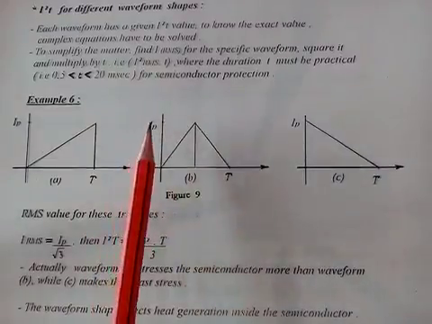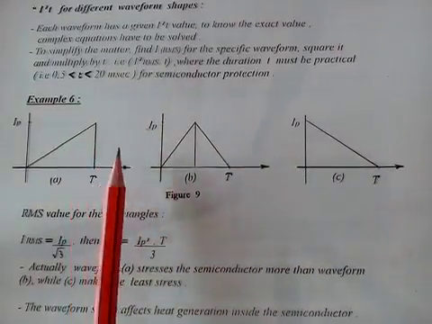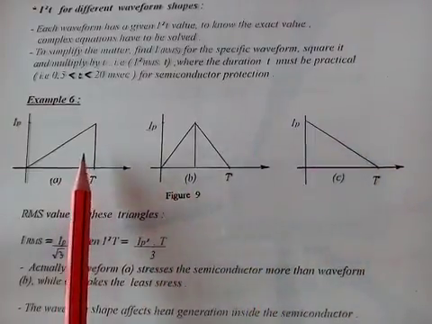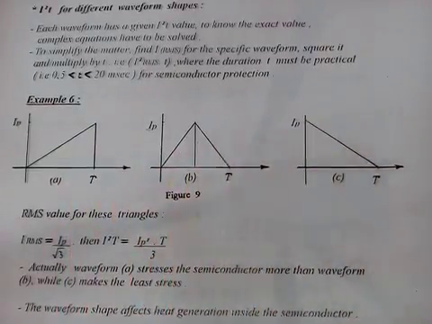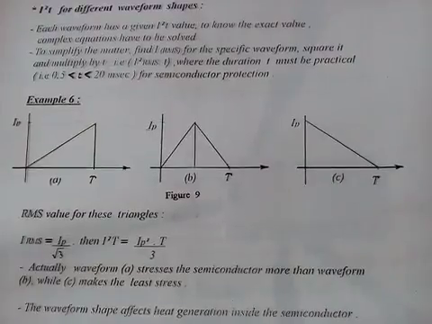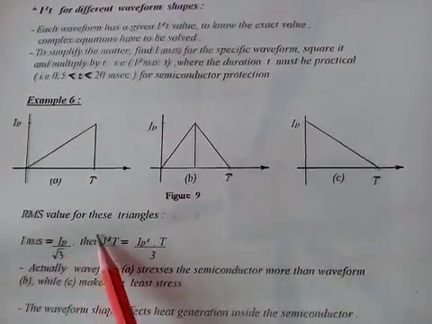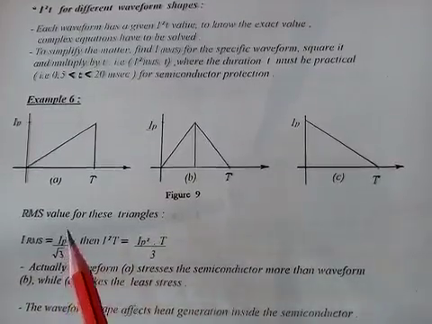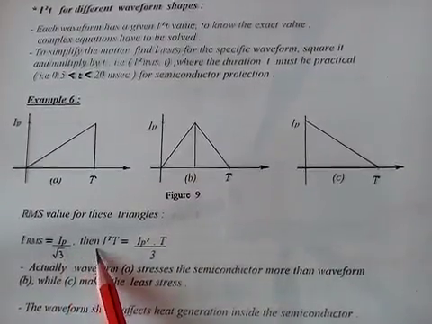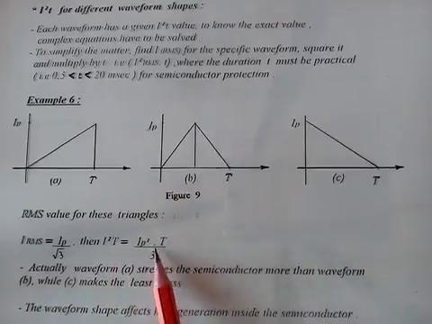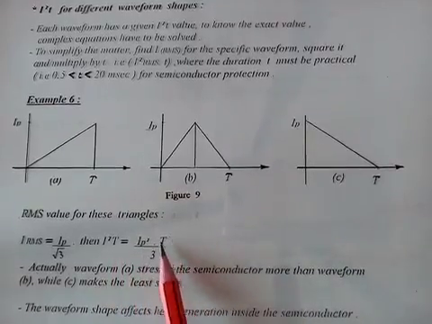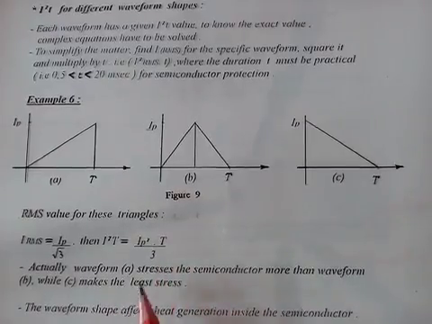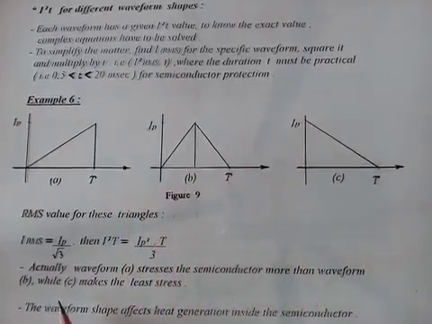This bit is confusing. Even though they have the same RMS value, the device sees these 3 shapes differently. The RMS value for these triangles, IRMS equals I peak over the square root of 3, that's about 1.7. Then the I square T equals the I peak squared multiplied by T divided by 3. That's for the 3 shapes.